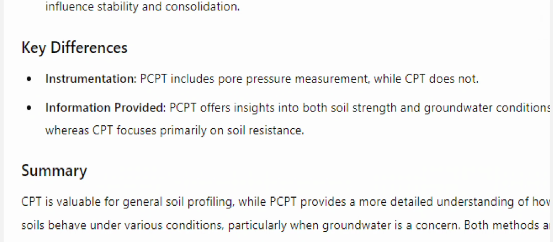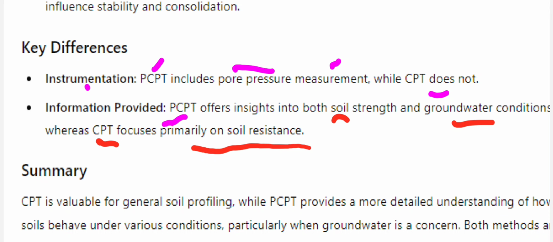In terms of instrumentation, PCPT includes pore pressure measurement and CPT does not. CPT does not have any additional sensors. So PCPT offers insights into both soil strength and groundwater conditions, whereas CPT focuses primarily on soil resistance only.